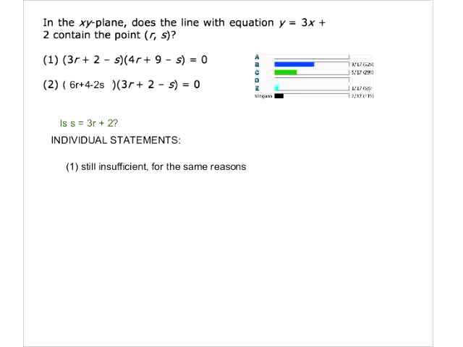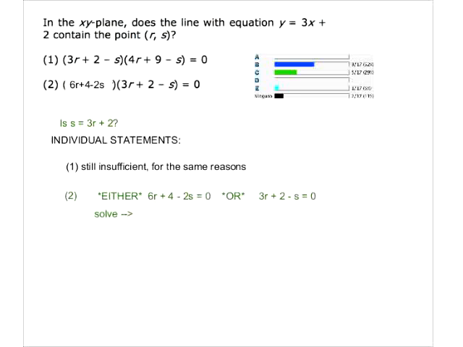But let's look at statement 2. Statement 2 this time means either 6R plus 4 minus 2S is 0, or 3R plus 2 minus S is 0. Sorry, this is 0, not a 9. If you solve these, here's what you get.